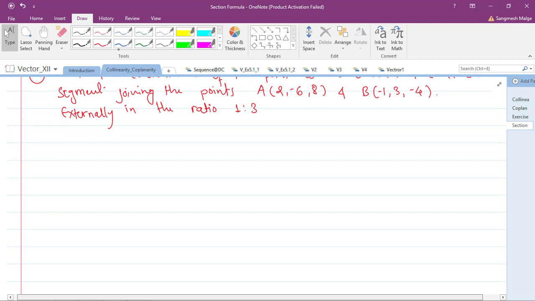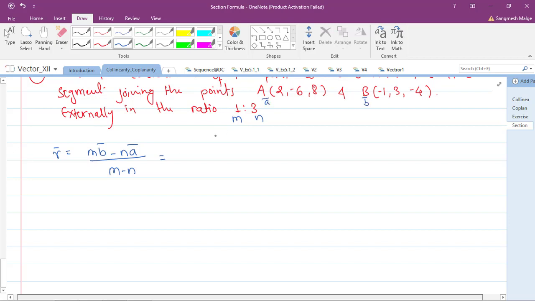How will you go? Without using the figure now, please don't make use of the figure. For the ratio 1:3, you can directly write the formula for internal and just replace plus by minus. So R bar is equal to (M B bar minus N A bar) upon M minus N. Here this is M and this is N, this is A bar and this is B bar.